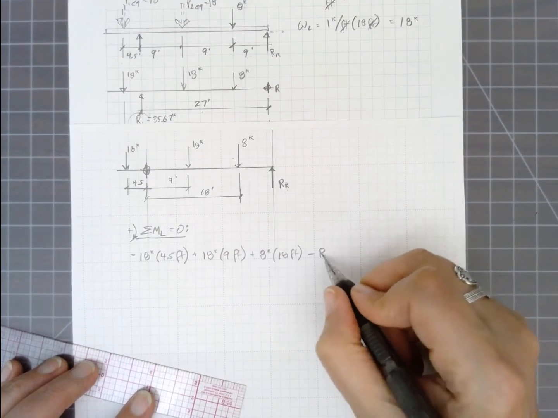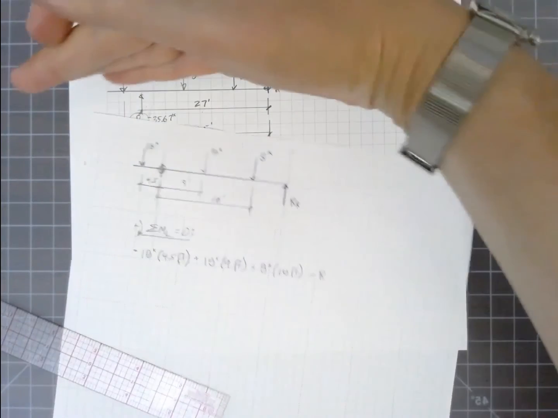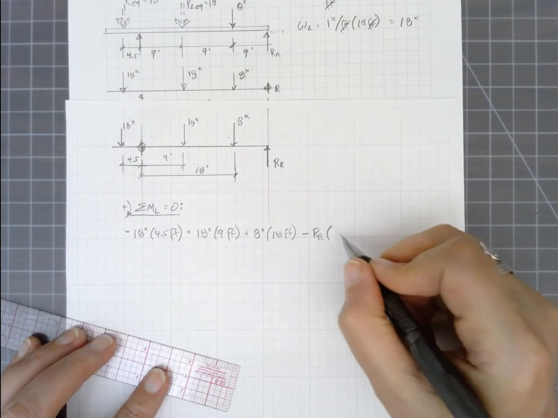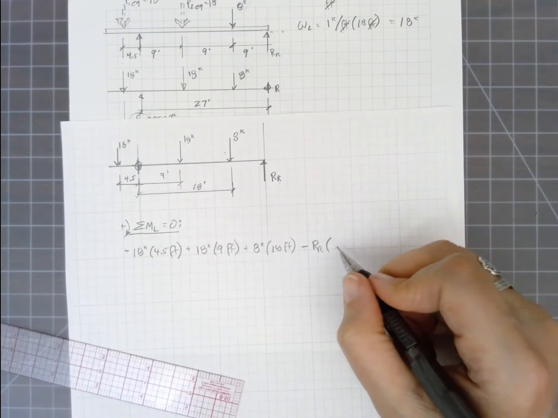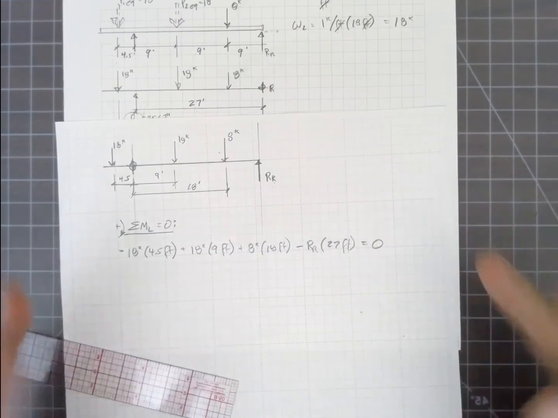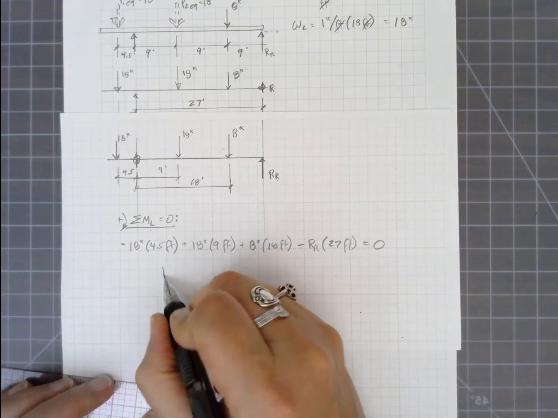And then the R right, since it has to go up to balance the downward loads, would tend to go counterclockwise. So it's minus R right, and that's 27 feet away. And all of that together has to be balanced equal to 0. So again, we'll multiply this out.